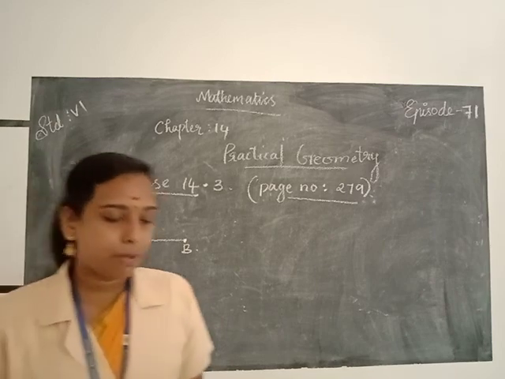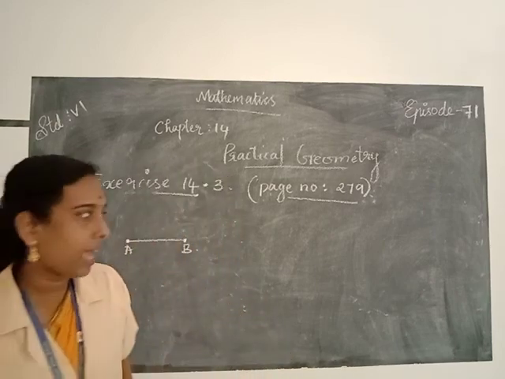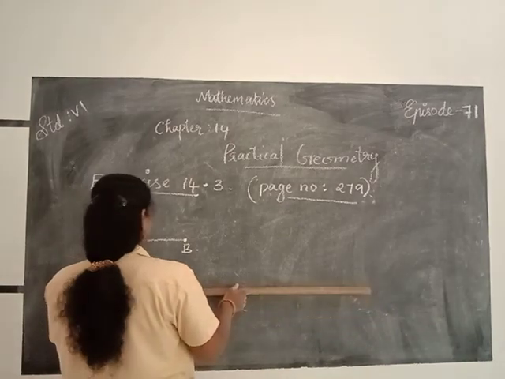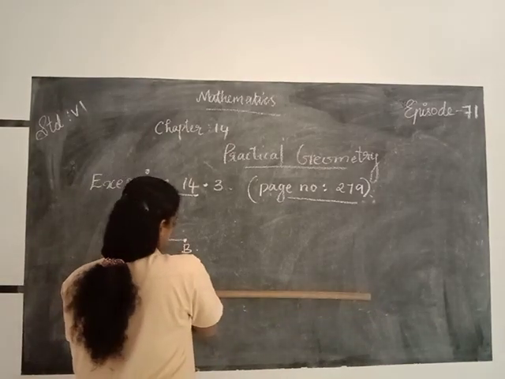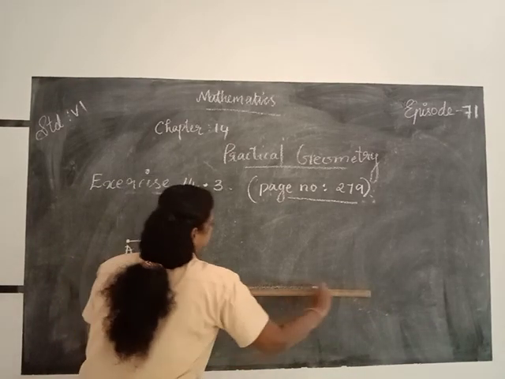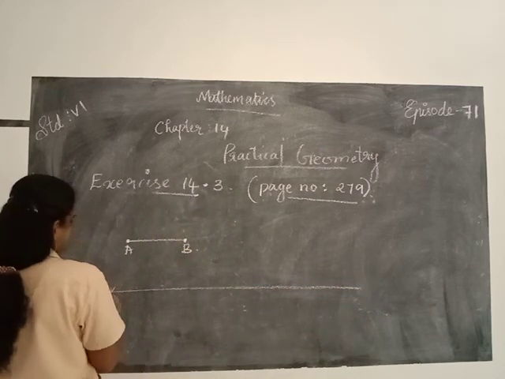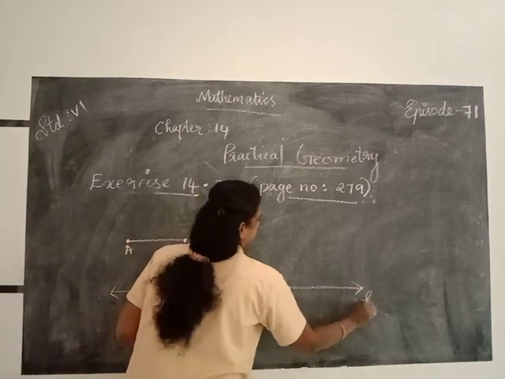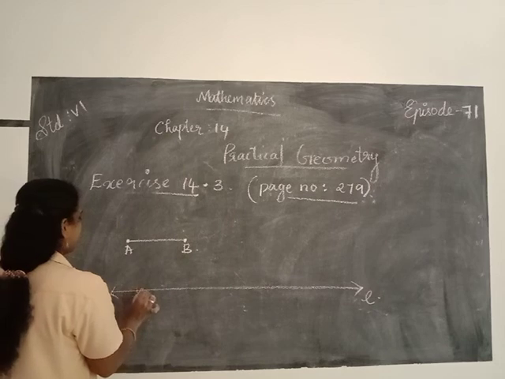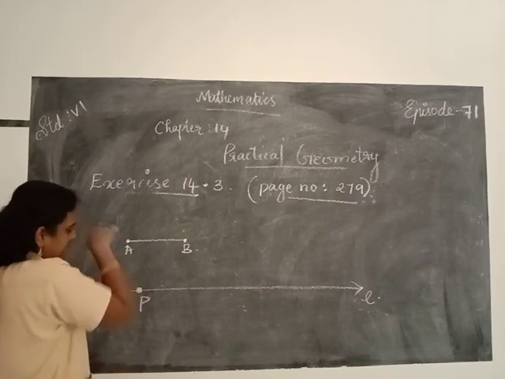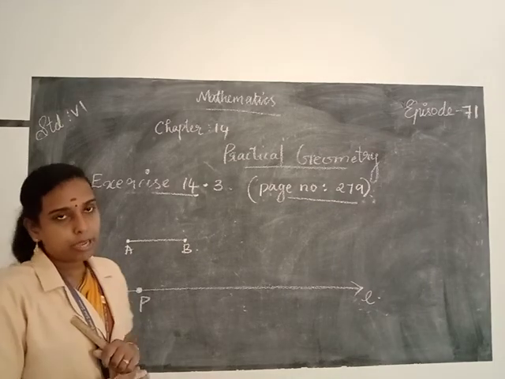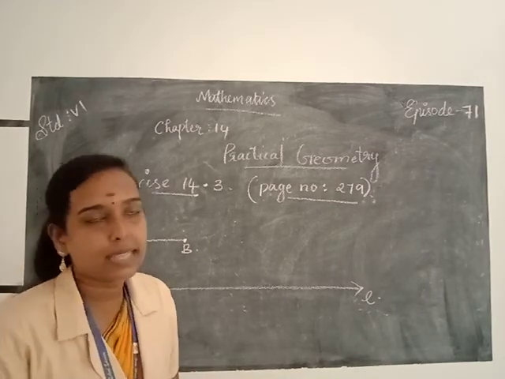So to draw line segment PQ, first you draw a line L. Then mark the point P on the line.